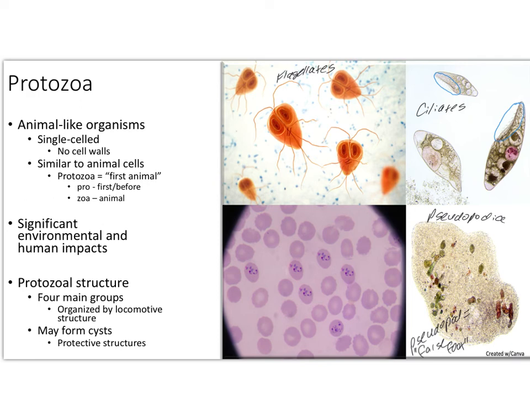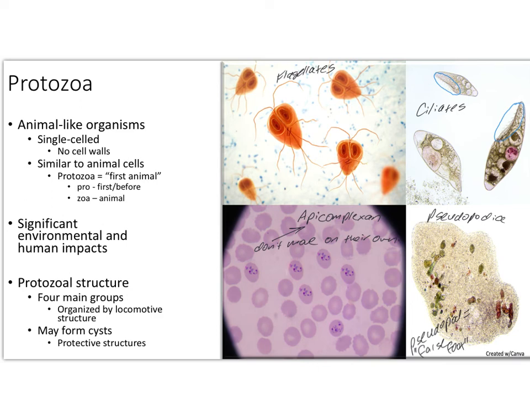And then the last group of protozoa are called the apicomplexan. And these ones actually don't move on their own. These ones don't have a locomotive structure, and as a result, they rely on a host to move them.